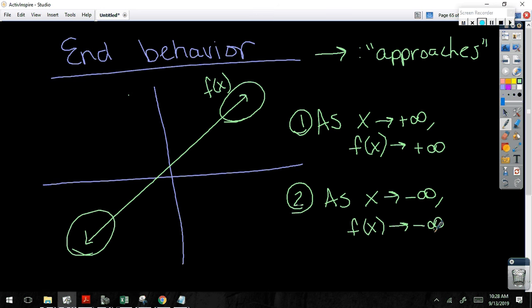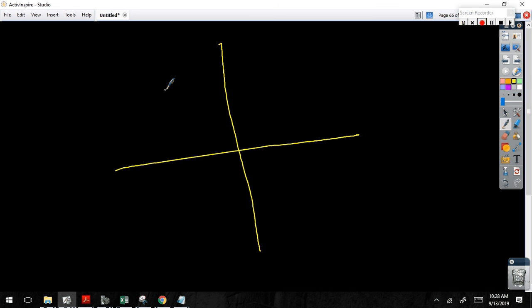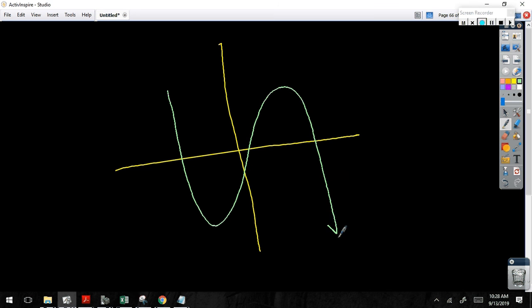Got that? Let's take my favorite little cubic function I keep doing. Describe the end behavior of the graph. Okay, so we have two ends we need to describe, right?